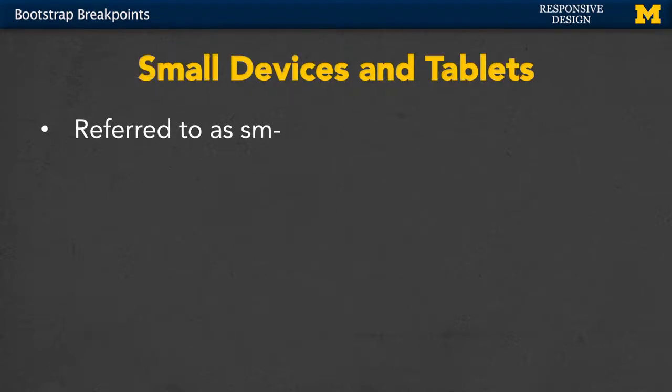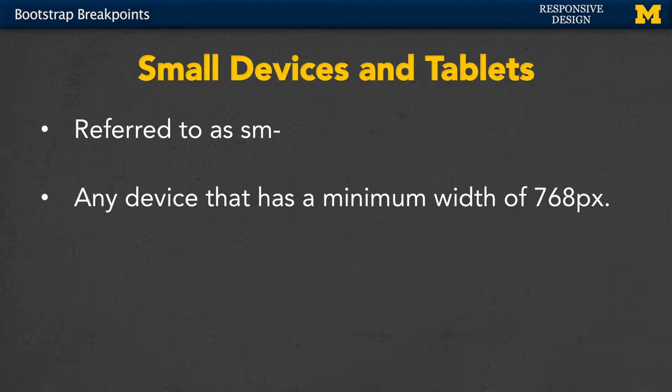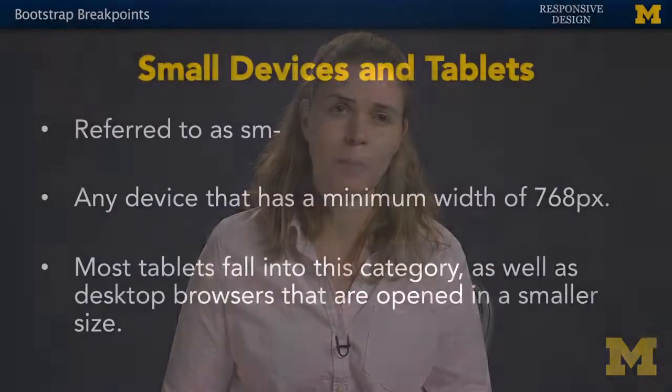The next step up for small devices and tablets is referred to as SM for small. This is any device that has a minimum width of 768 pixels. Now typically, you would think of that instead as being between 420 and 768, because the extra small has those smaller screen sizes. But for generality, you'll just say small is up to 768.